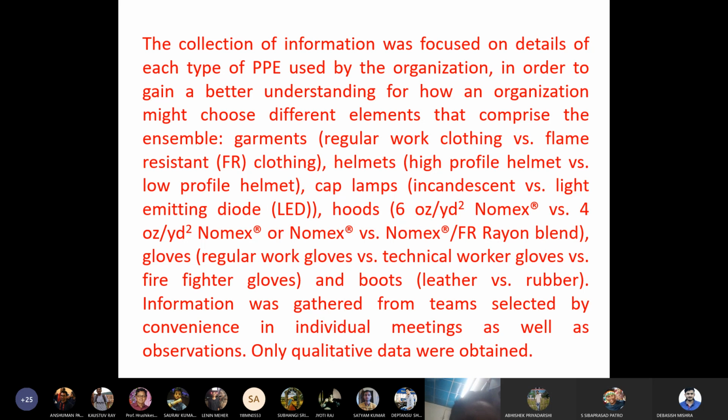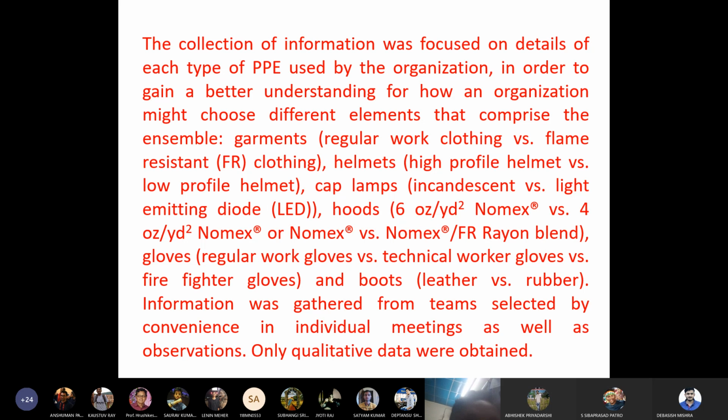Helmets: what type of helmet? High profile helmet versus low profile helmet, the helmet they use to protect their head from falling objects. Caps, whether they use incandescent lamps or light emitting diode LED lamps.